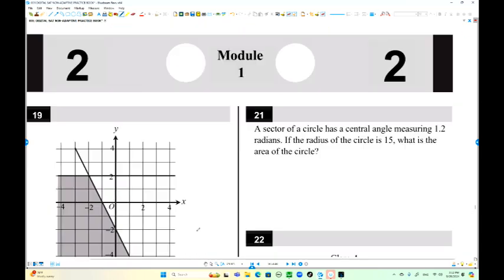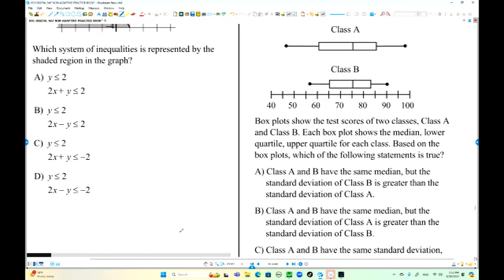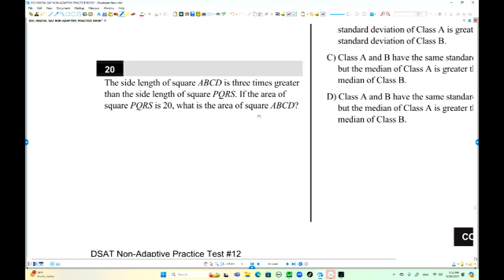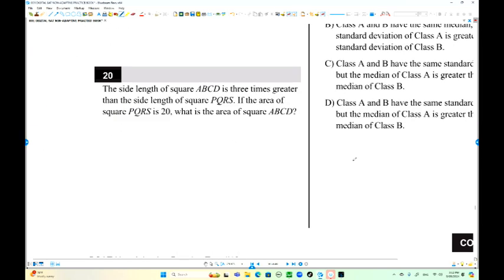Now move on to number 20 over here. The side length of square ABCD is 3 times greater than the side length of PQRS. Oh, PQRS is small, right? 3 times greater than each one.